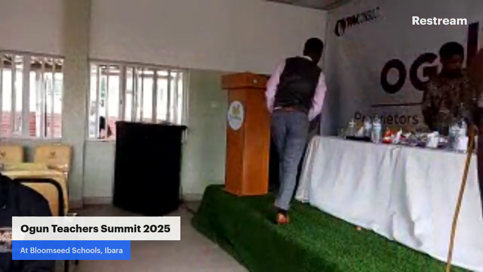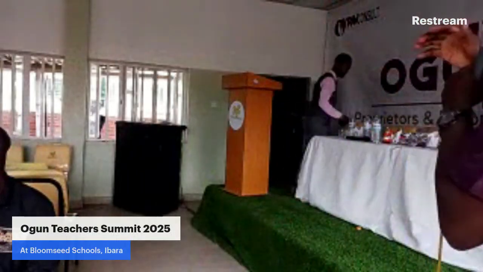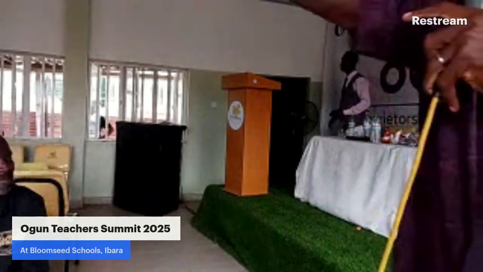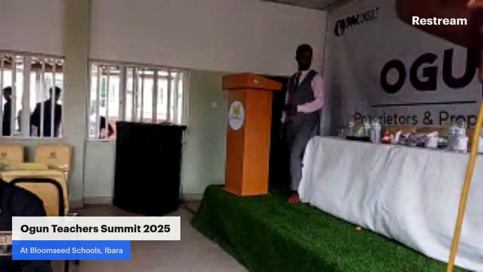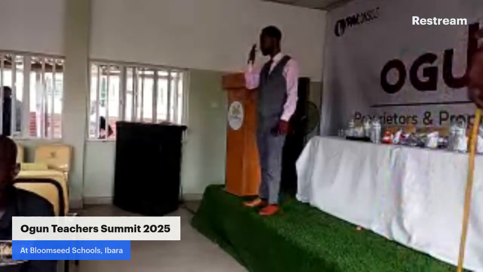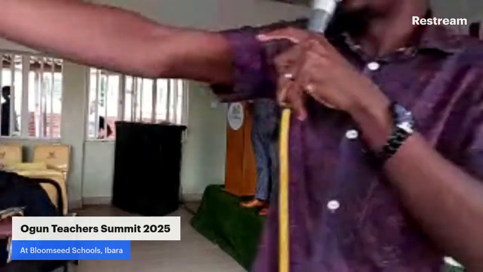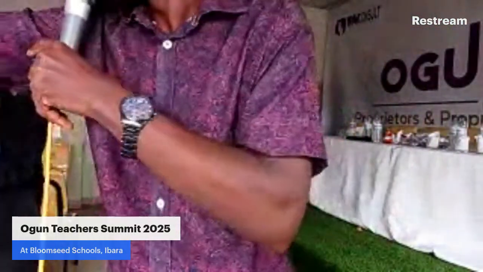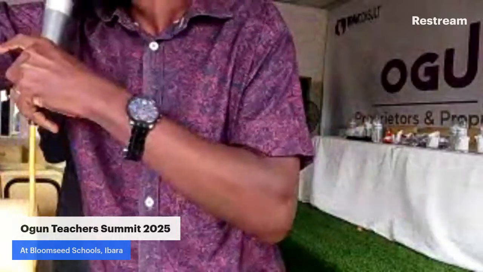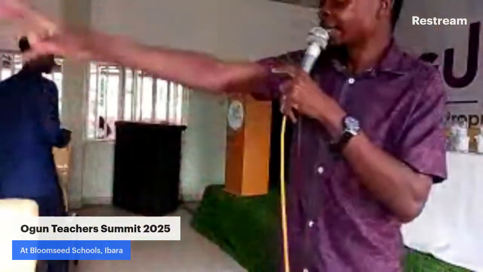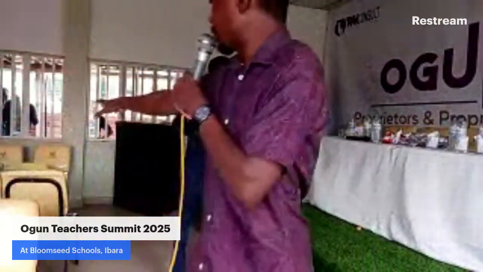So, Mr. Favor, sir, group 1 is there. Group 2, here, in the middle. Group 3 here.